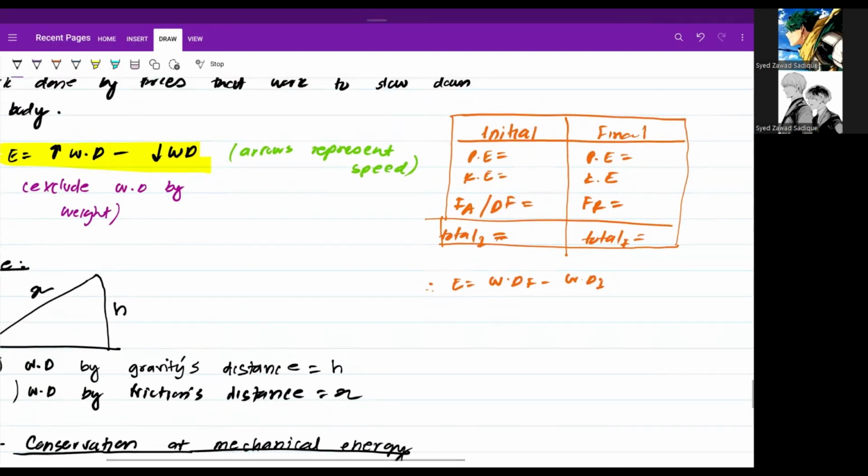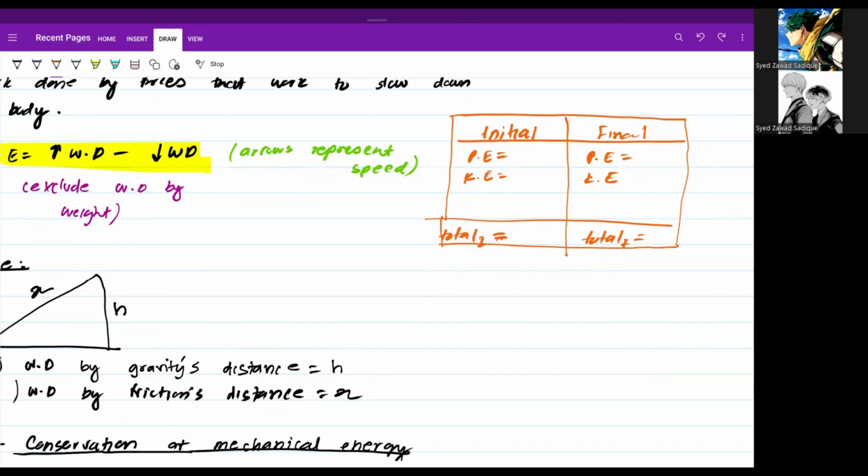I want to modify this a little bit so that you guys understand better. Remember how I wrote just driving force or applied force?